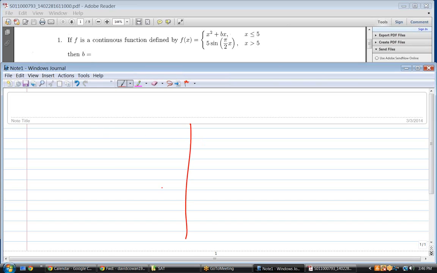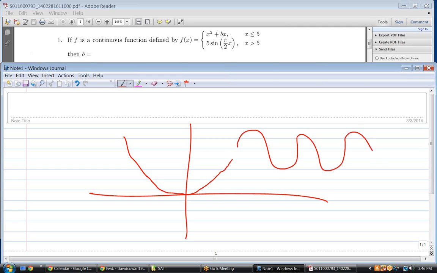In other words, if they weren't continuous, let's say they were something like that, then they wouldn't be the same at this point. So for them to be the same at 5, they have to not only intersect, but they have to be like that. In other words, this is a function, so it has to pass the vertical line rule.